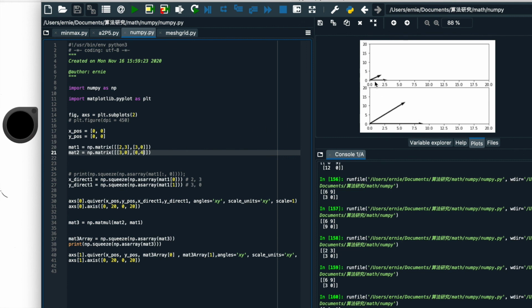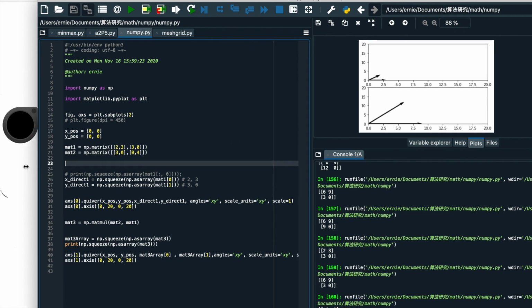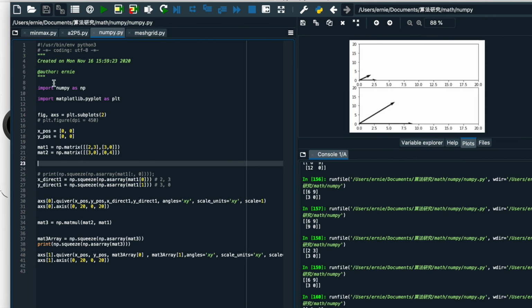But for this one, if we change this value along the y-axis, it will grow like this. So that's how we use numpy to plot the matrix as vectors.